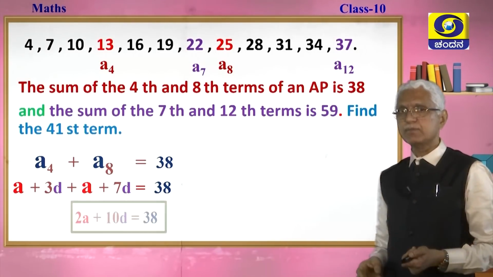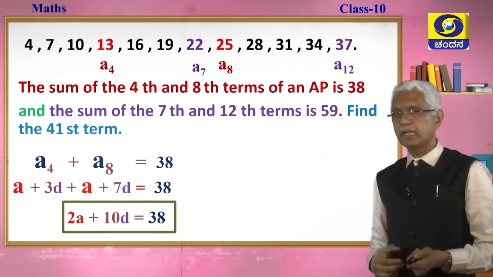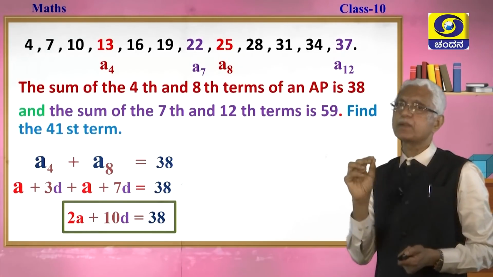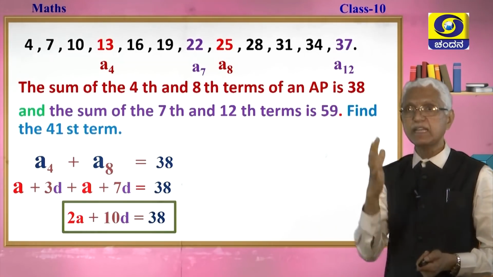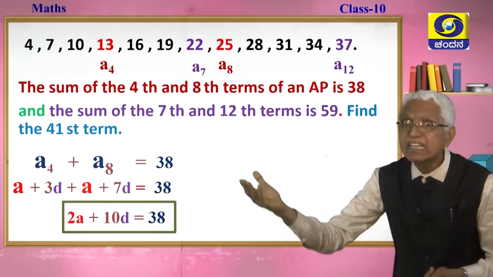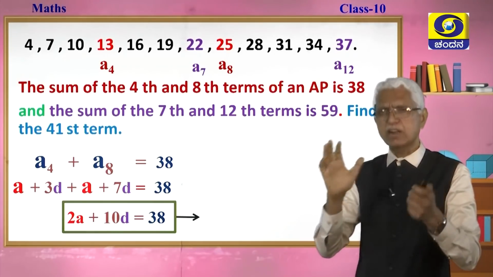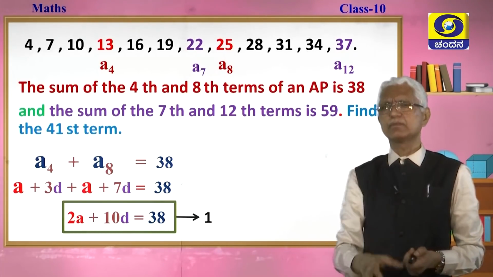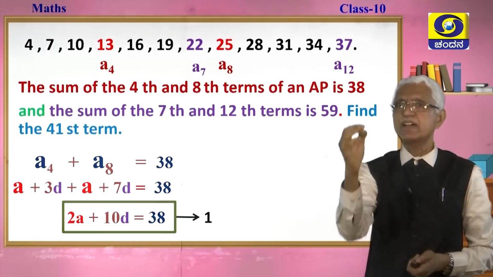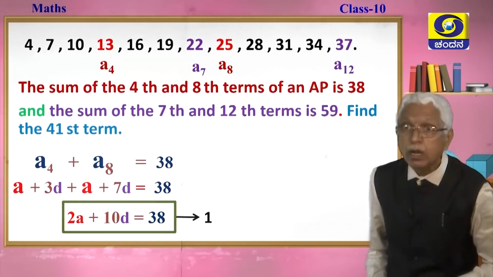A plus A becomes 2A. 3D plus 7D becomes 10D. 2A plus 10D is equal to 38. What did you get? One linear equation in two variables. Respect it and give it number 1. First linear equation is born.